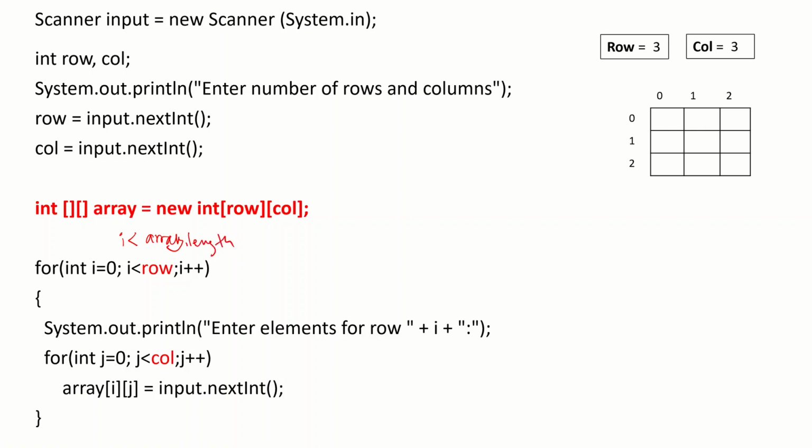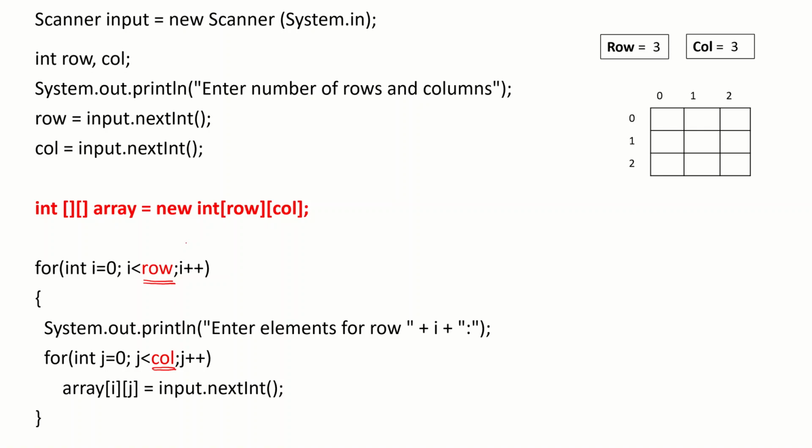Because in this exercise we're already creating a variable row which holds the number of rows, it's okay, we can just use the variable row. Both of them are equal. Similarly, here we can use column or we can use array at index 0 dot length. This is just a matter of programming style. You may use the variables row and column, or you may just use length as in previous sessions.